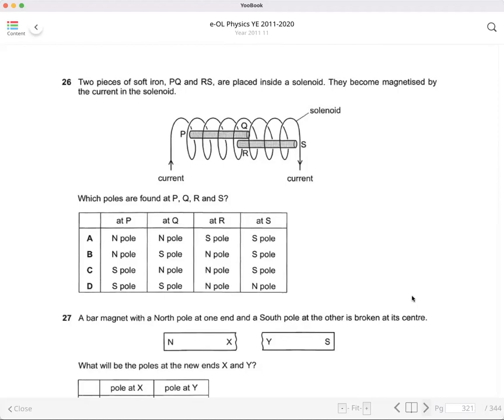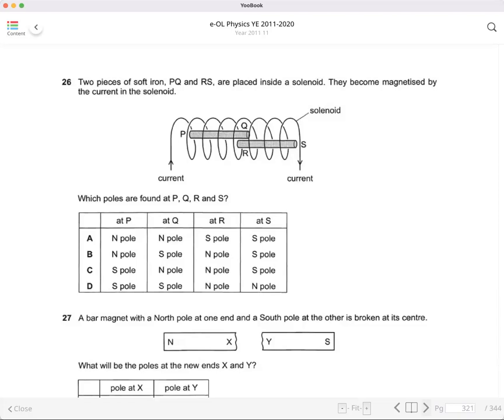Ray, well done. Oscar, well done. Xiaoxing, well done. Bei Kuan, what's your answer?